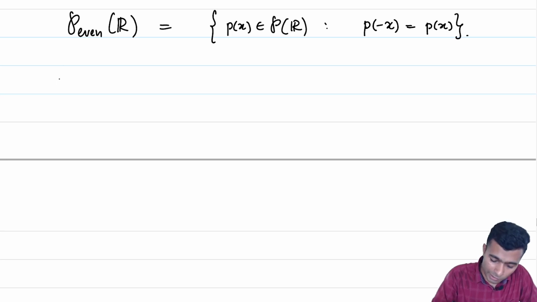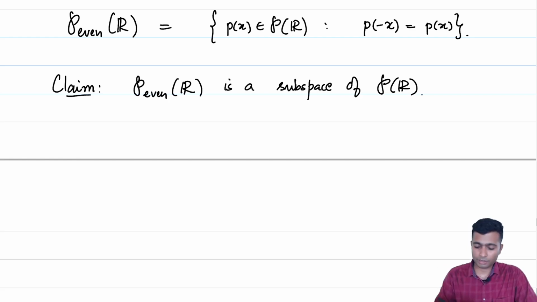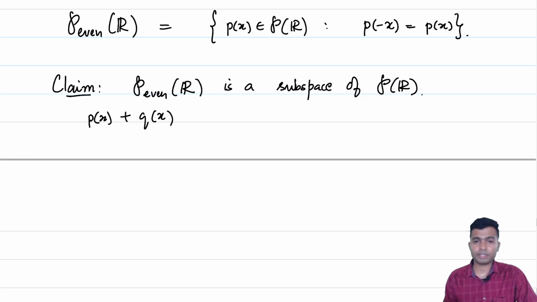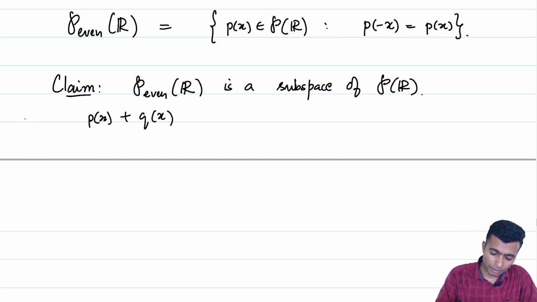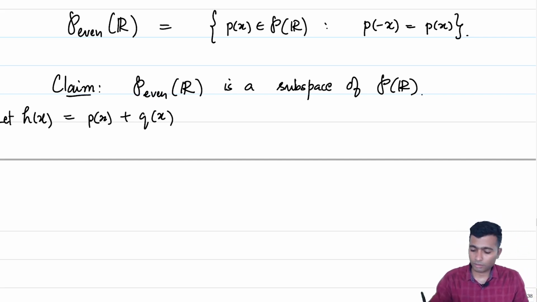So let me write it down as a formal claim. P even of R is a vector subspace of P of R. Let us take two such vectors p and q and try to see whether their sum belongs to P even of R. Let h of x be equal to p of x plus q of x.